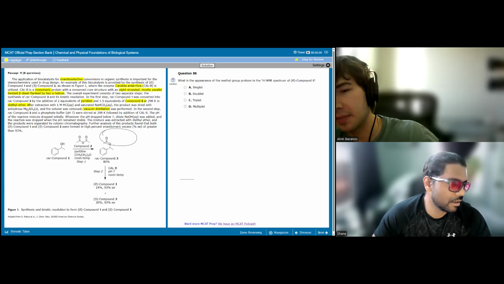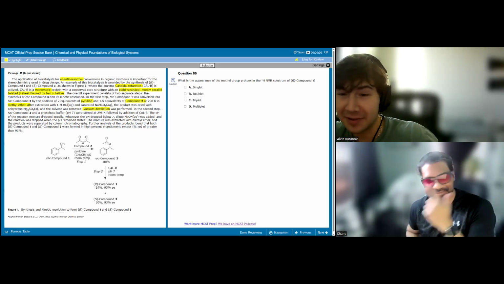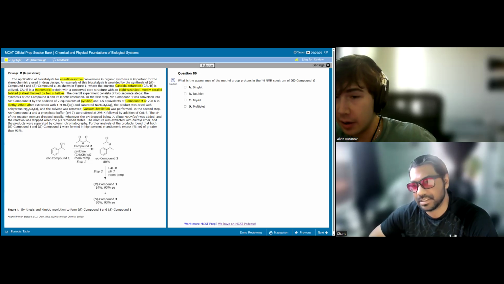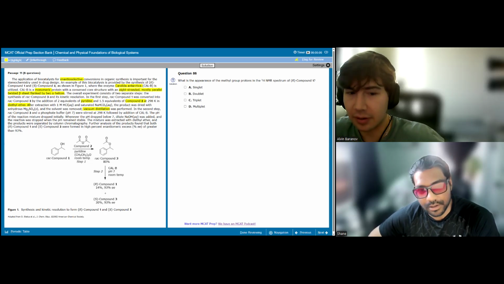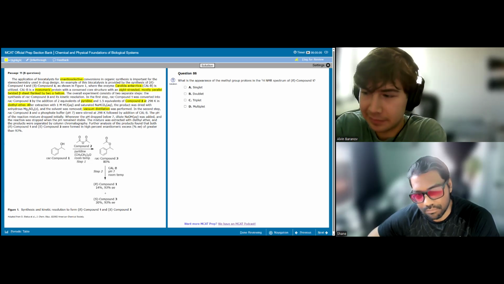I will say NMR and IR seem to be sneakily making their way throughout this volume two section bank, especially IR. So I'm going to make sure to memorize all the values. But we've kind of seen NMR and IR a lot.